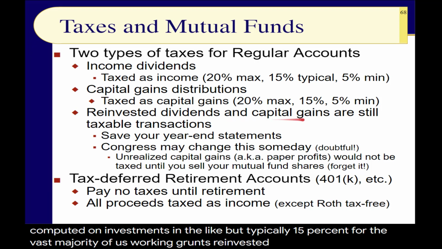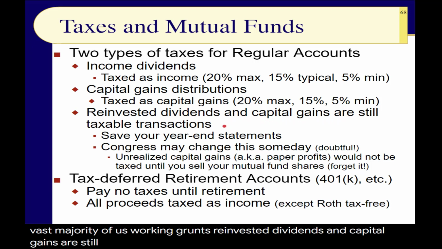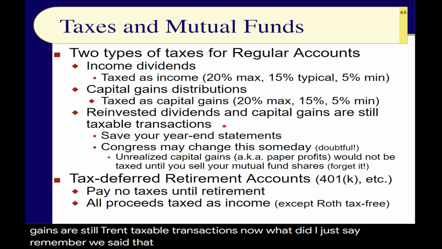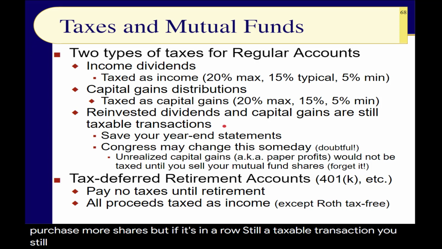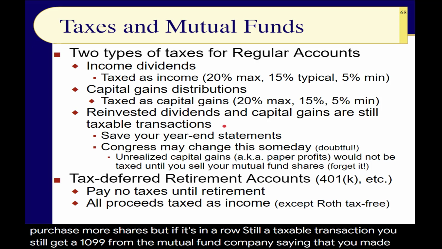Reinvested dividends and capital gains are still taxable transactions. Now, what did I just say? Remember, we said that the mutual fund is going to automatically purchase more shares, but if it's in a regular account, that's still a taxable transaction. You still get a 1099 from the mutual fund company saying that you made this much money.